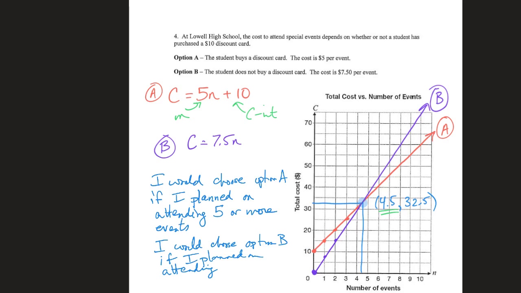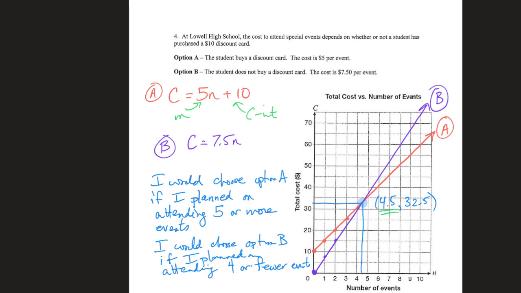Well, option B is where I'm going to want to go if its graph is below A. So where is my graph below? If I had planned on attending 4 or less, and sometimes we would say like 4 or fewer events. There you go.